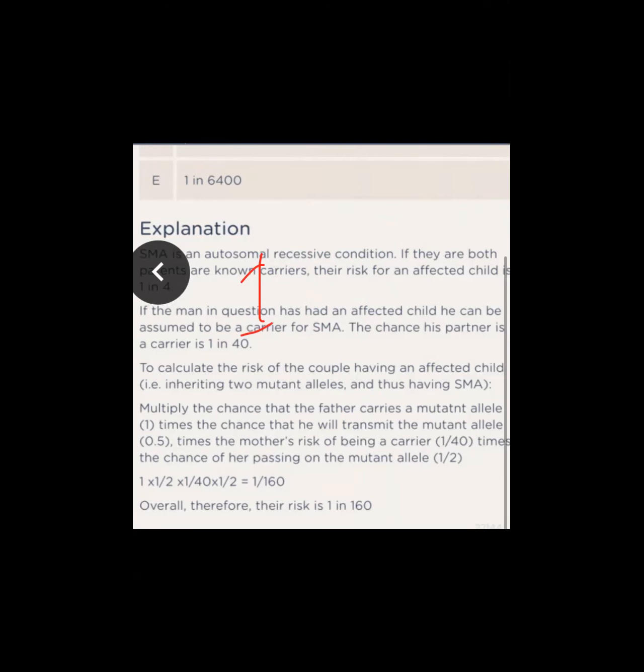Father has two genes, one bad gene and one good gene. So what is the chance that he will transmit the bad gene? It is half, because we don't know whether the father will transmit the bad gene or the good gene. So there is a 50% chance that the father will transmit the bad gene. Now the mother is unaffected, so she has the 1 by 40 population risk.